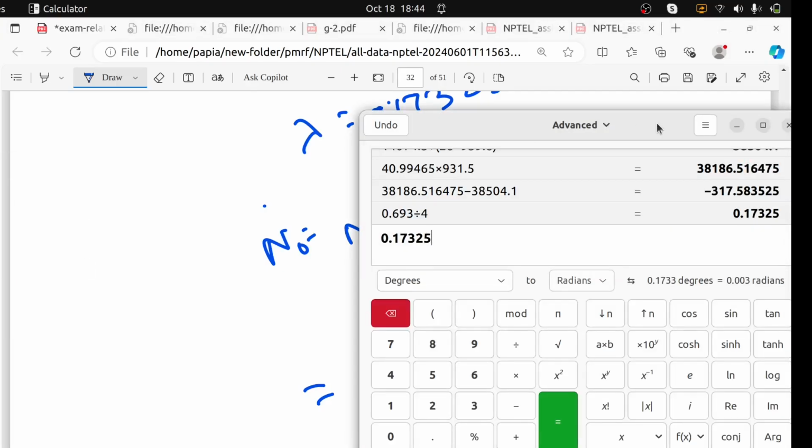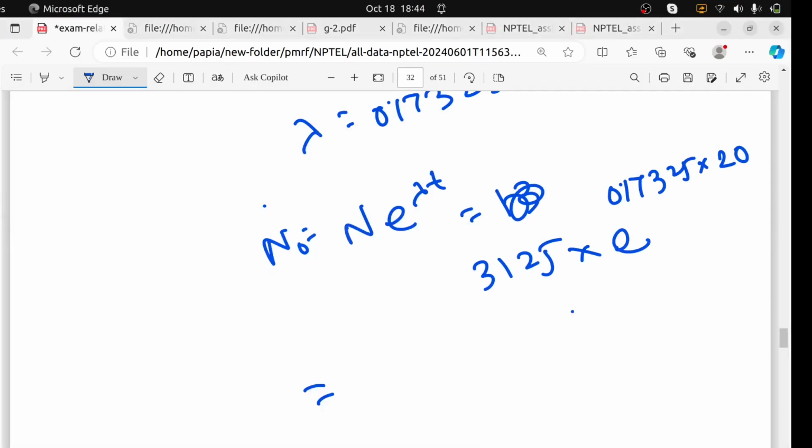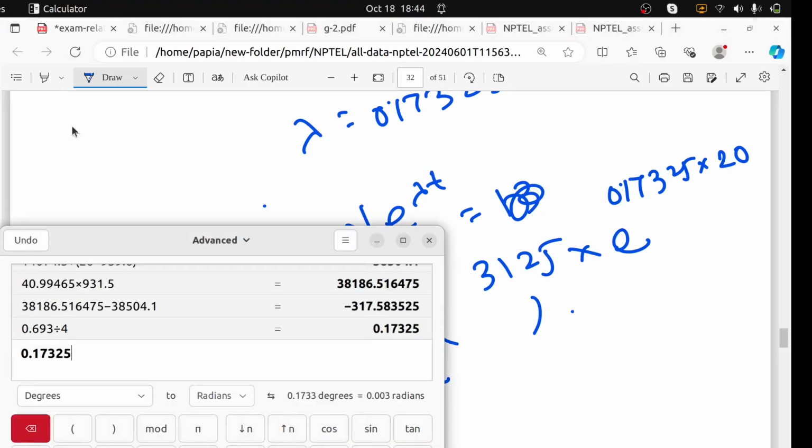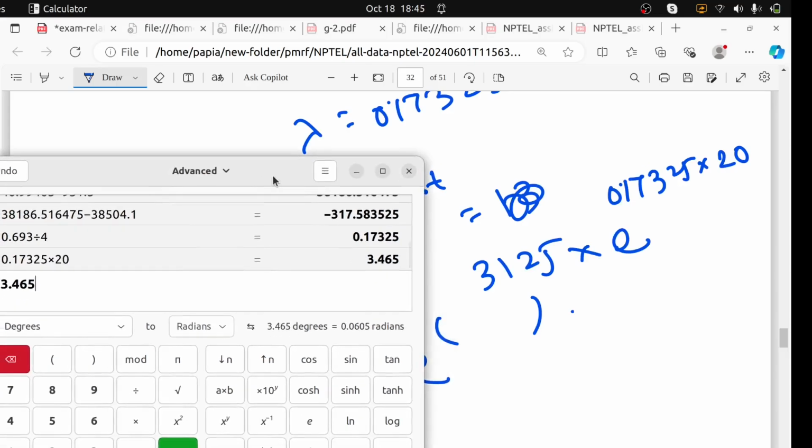So let me write quickly what will be the value here. 0.17325 into 20 is 3.465, and e to the power, if I am not wrong, I can write it like that only.